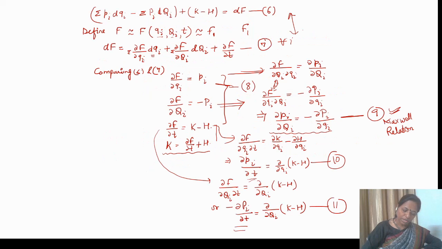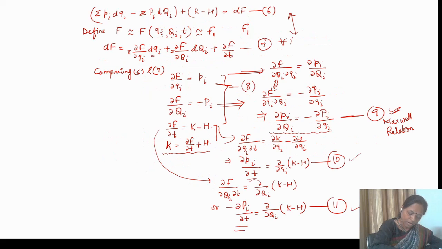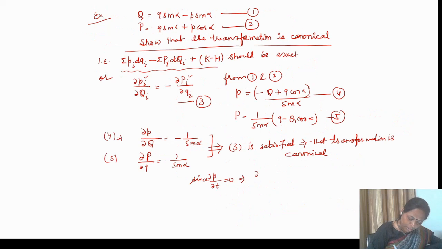Secondly, you take either this one or this one, and this is showing that since delta Pi delta P delta T is 0, this implies delta Qi K minus H is also 0, or K minus H is a constant, and this constant is not depending upon this Qi.